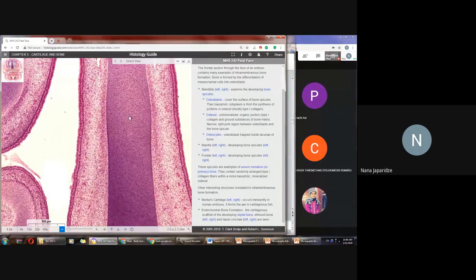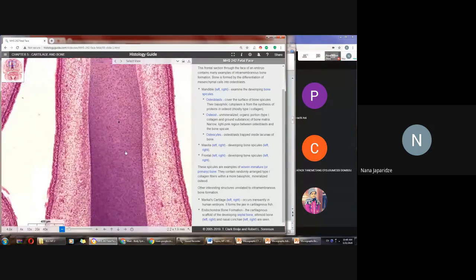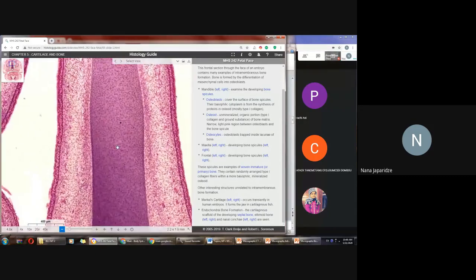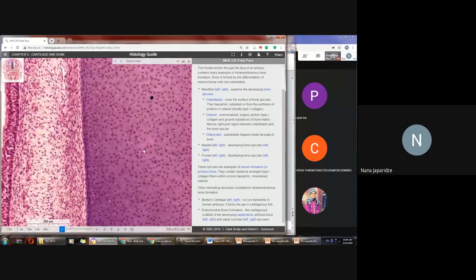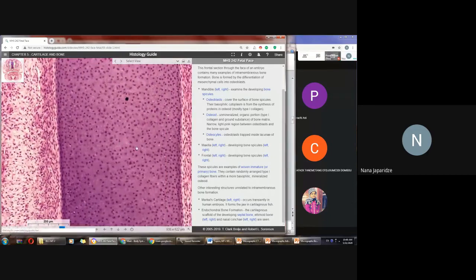So the ossification here is a very interesting and complicated process. The cells of cartilage, look, I will show you this. They undergo hypertrophy and they die.